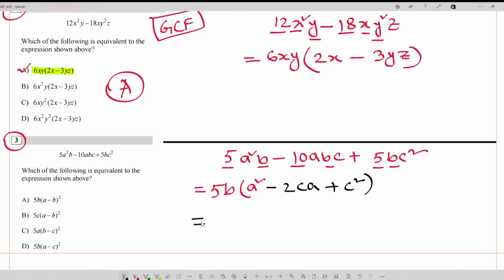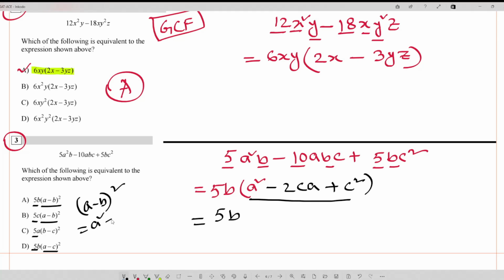Now what is the answer? Here is 5b times (a minus b) whole square, here is 5c (a minus b) whole square, here is 5a (b minus c) square, and here is 5b (a minus c) square. So we can write 5b, and this one looks like the (a minus b) whole square formula.